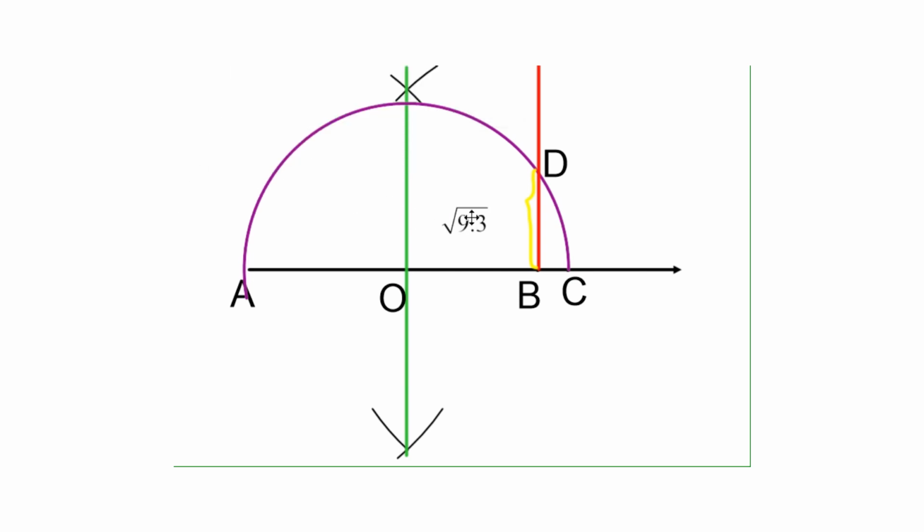Now this should be on the number line. This BD length is root 9.3 and this should be on the number line. So what will we do here?